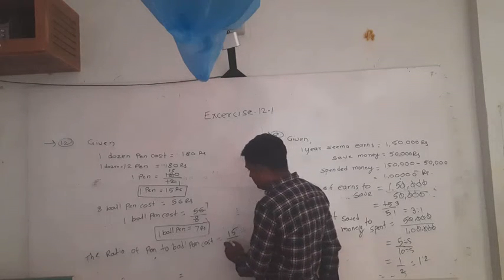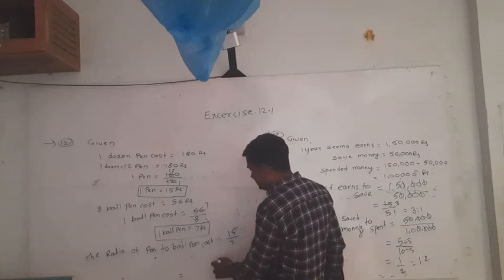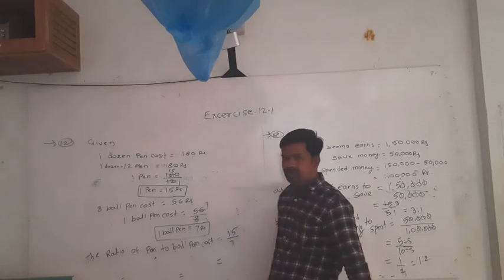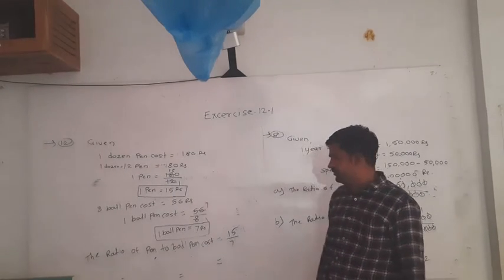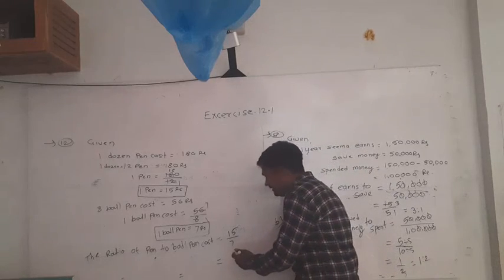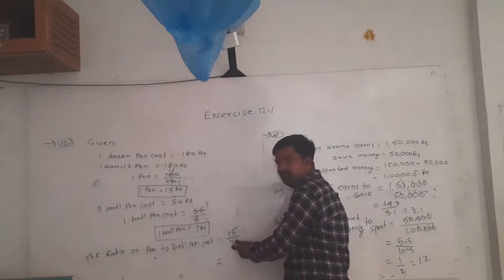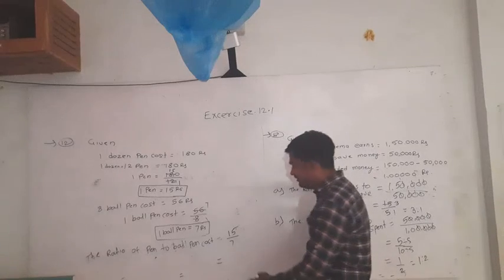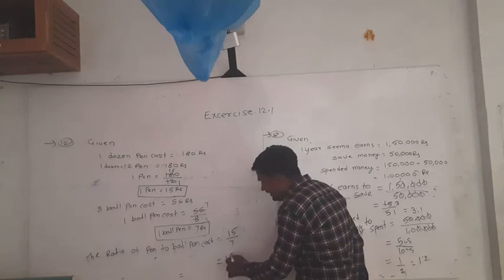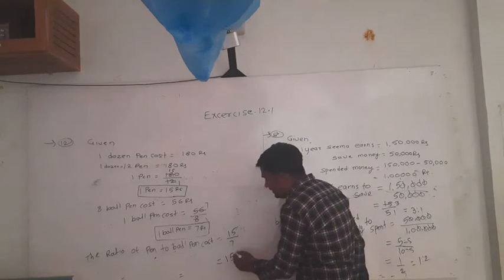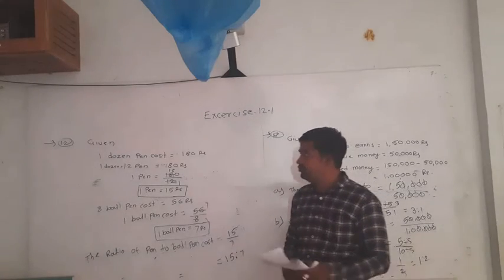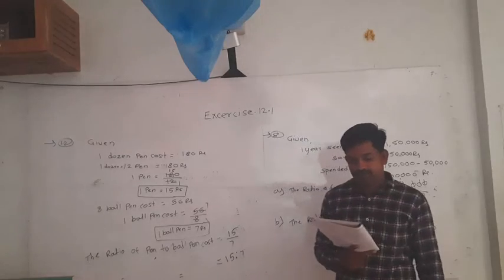One ball pen is equal to 7 rupees. So what is the ratio? These two numbers are prime to each other, 7 is a prime number, so it is not in any other table. You can take it as it is: 15 is to 7. This is the answer of question number 12.